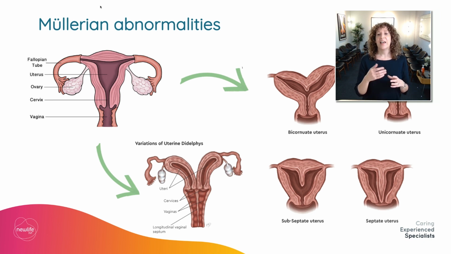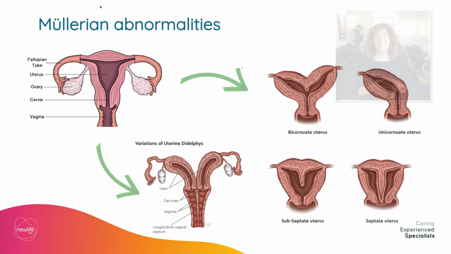That can be a bicornuate uterus or a septate uterus, or sometimes this more extreme uterine didelphys. Unfortunately, the shape of the uterus cannot always be changed. That is how you're born. If you have a septate or subseptate uterus, that can be resected, but the other abnormally shaped uteruses cannot actually be changed.